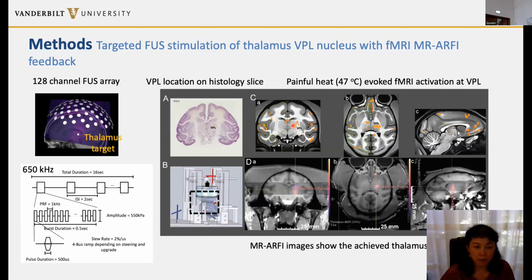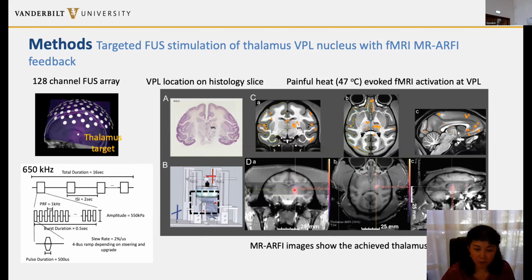Once we identified the target using functional MRI, we then guide the placement of the ultrasound targeting. The bottom three images are the ARFI images we acquired, and you can see the ultrasound beam was successfully targeted at the VPL nucleus, where we see robust functional response.